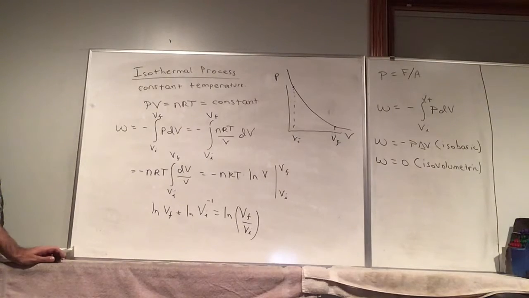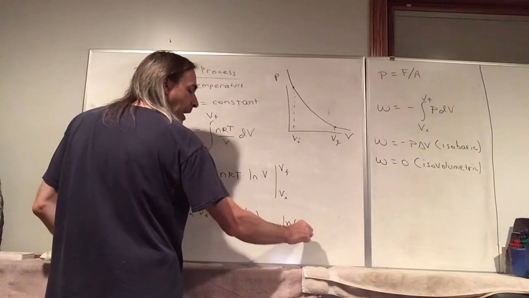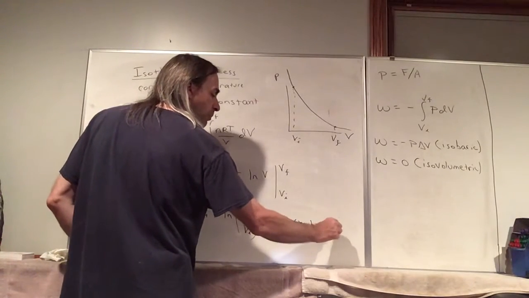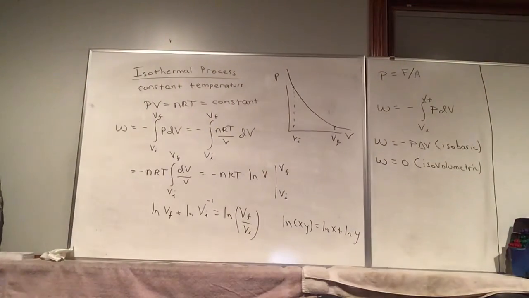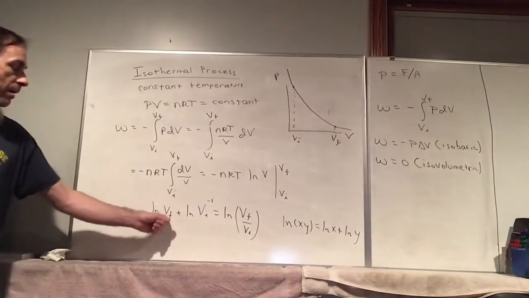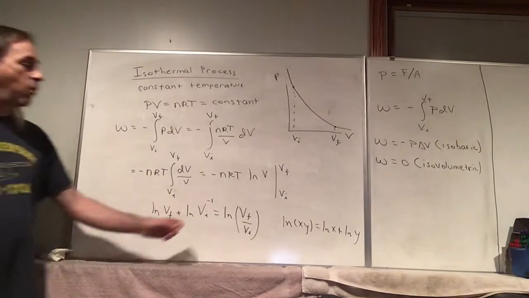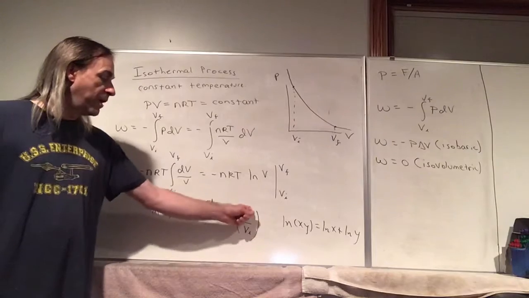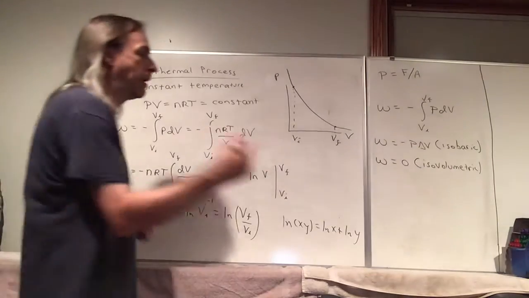And remember this basic property: natural log of xy is natural log of x plus natural log of y. So natural log of Vf plus natural log of Vi to the -1 is natural log of Vf times Vi to the -1. So we can write our final result.